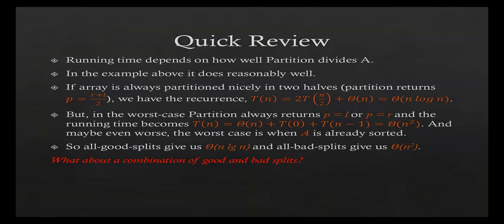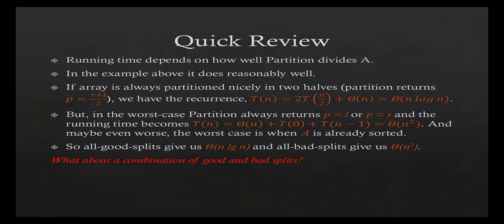Because we know that in the worst case scenario, the array is already sorted. So from this, what can we say? We can say that all good splits give us order of n log n.